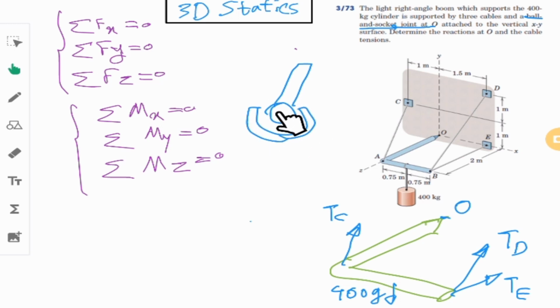That means there are forces which prevent translational motion, but there is no moment to prevent the rotational motion.